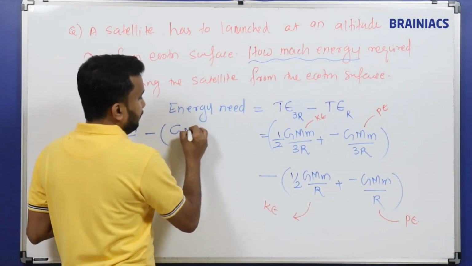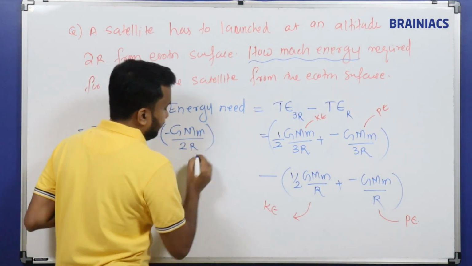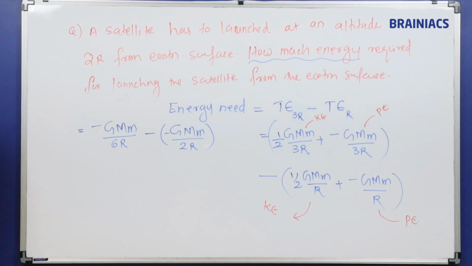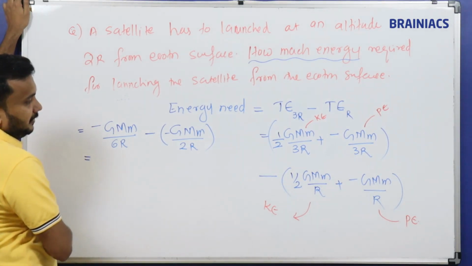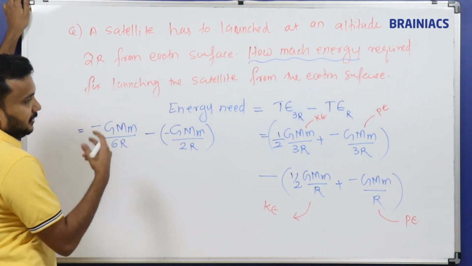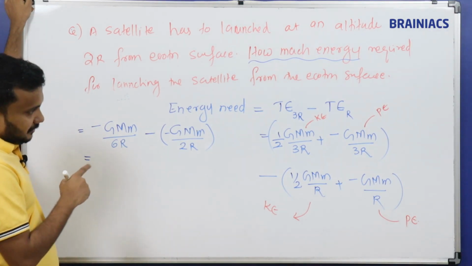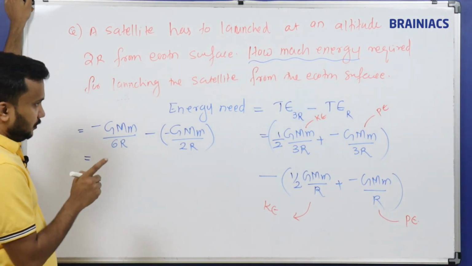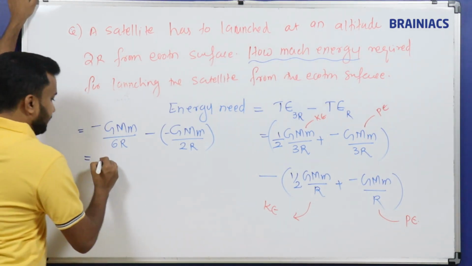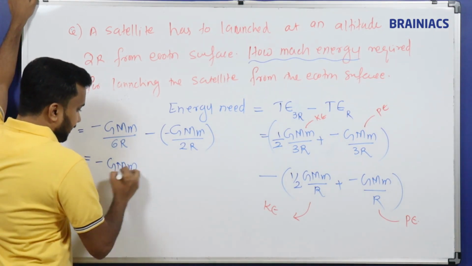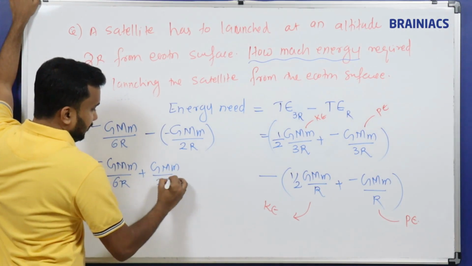This will be minus GMm by 2r. So now if I am simplifying, I am correct, right? For the simplification, if I am taking 6r as LCM, we get minus GMm divided by 6r plus GMm divided by 2r.